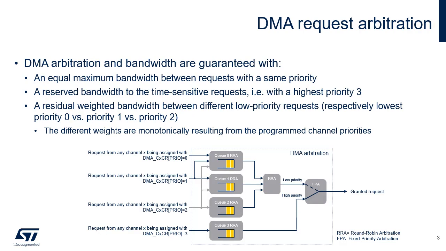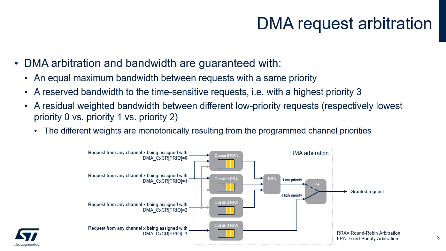The DMA controller implements a programmable arbitration logic that enables the user to adjust channel bandwidth and latency requirements according to the following rules. The priority of the request is programmable from 0 to 3. Requests having the same priority are handled with a round-robin arbitration scheme.